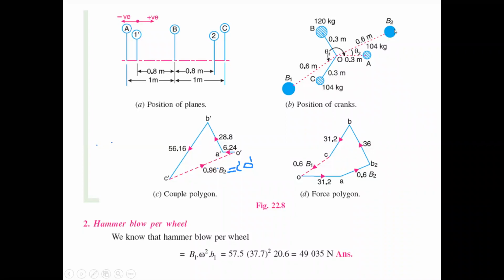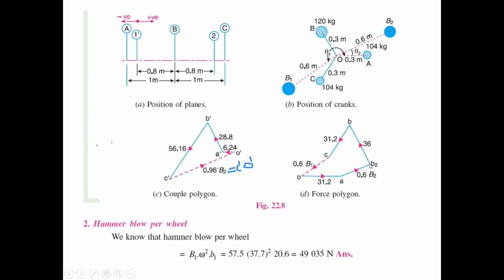So what is the balancing mass? That mass is placed between our MA and MB. So that value is how much? 0.6 B2, and that will be placed after MA. This one is 31.2, and later this one is the 0.6 B2 value. So that means 36 N. So that value and their direction is to be placed here.